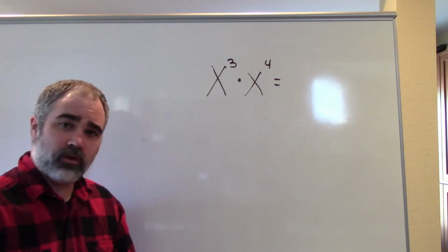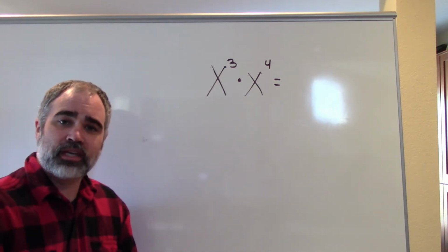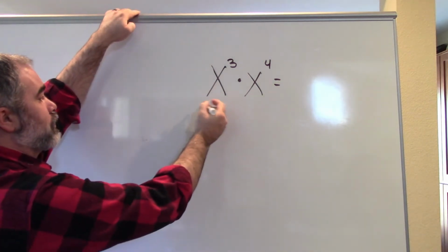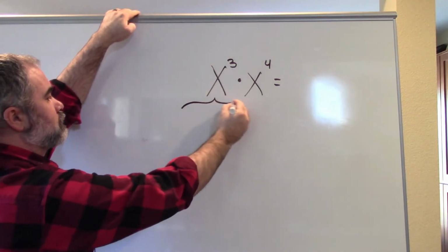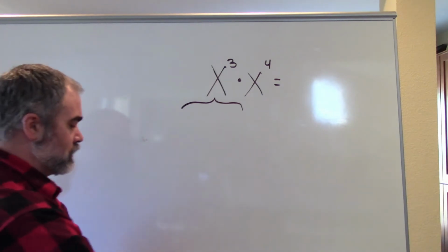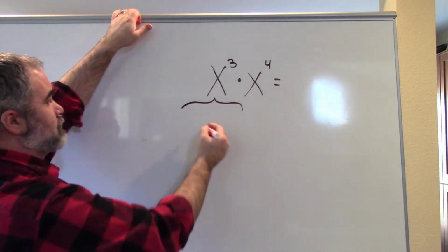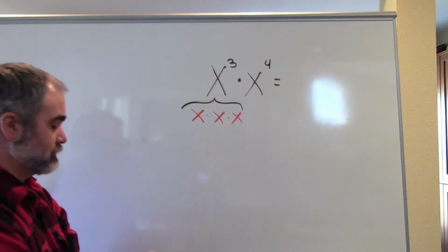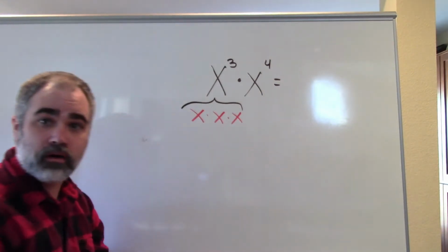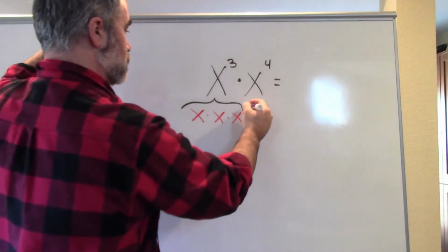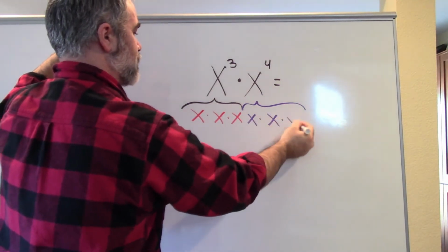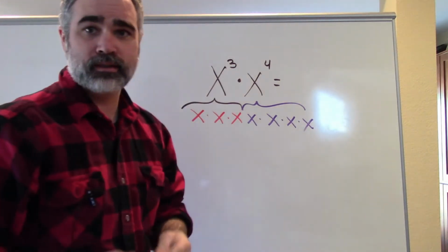So be really careful. Let's see if we can rewrite this and it will give us a better insight on what's going on. X to the 3rd power, all that is x times x times x. And x to the 4th power, all that is x times x times x times x.